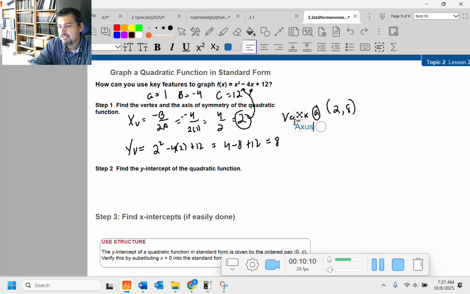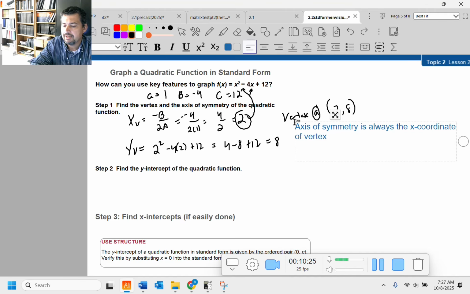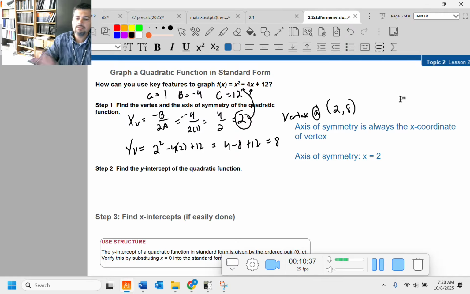The axis of symmetry is always, it's not sometimes, it's always the x-coordinate of the vertex. So therefore, the axis of symmetry, the AOS, well, we just write it out. You guys may not understand what that means, even though you've seen axis of symmetry. The axis of symmetry is literally x equals 2. Ta-da! All right.